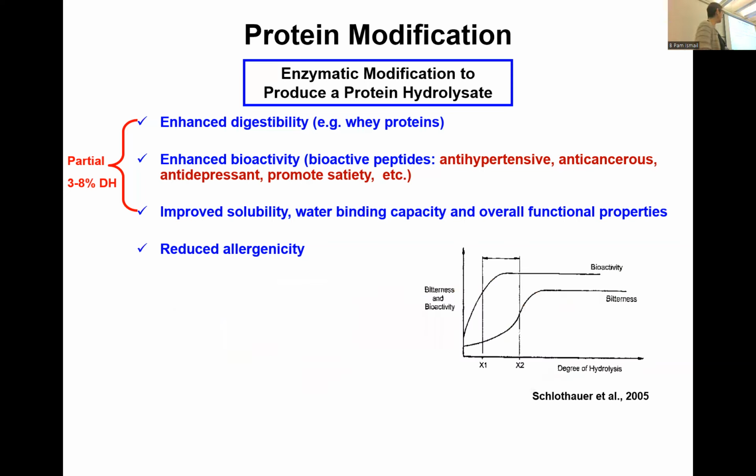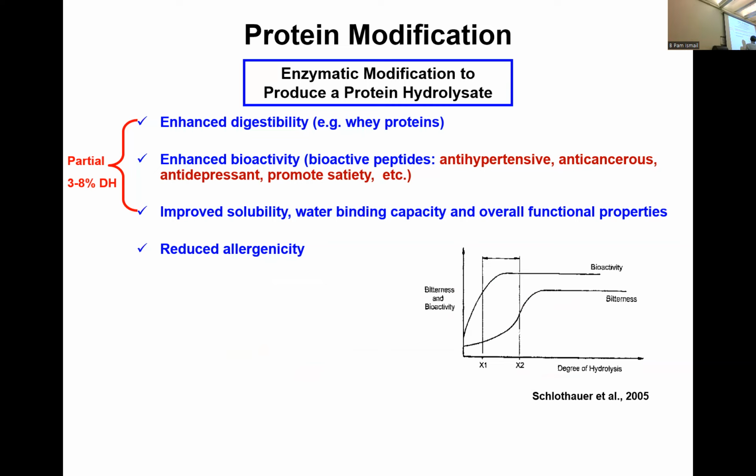And here is just a very old diagram, but it illustrates that a low degree of hydrolysis can be sufficient to produce bioactive peptide and not elicit a lot of bitterness. So this is the bitterness scale, this is the bioactivity scale.